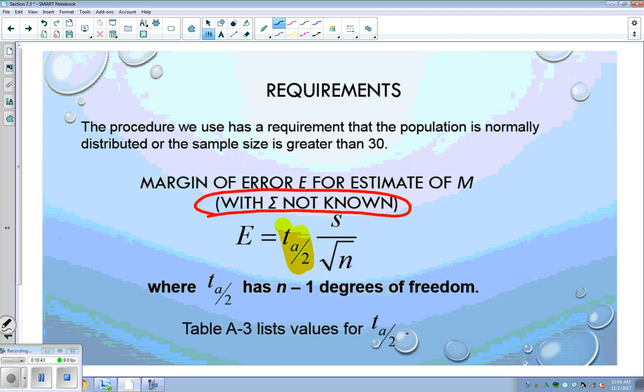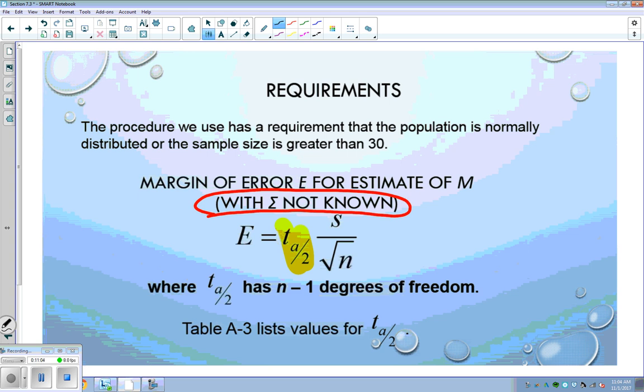Well, I have to add one extra component to it, simply because we saw on that curve from Gossett's work that as n increased, it got closer and closer and closer to the normal curve. So n does affect it. Absolutely.